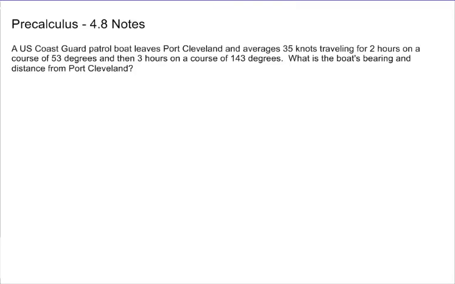All right, so what we're going to do with this question is look at bearing. One thing about bearing that's a little bit unique is that the degrees are numbered off differently. At the top, you're going to have 0 degrees. Over here on the right, you're going to have 90 degrees.